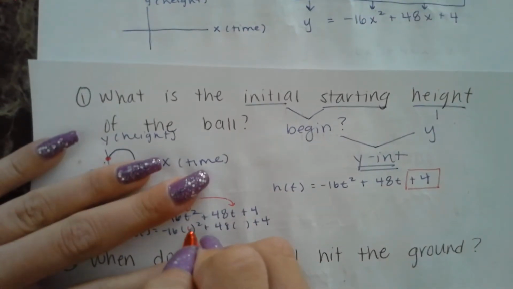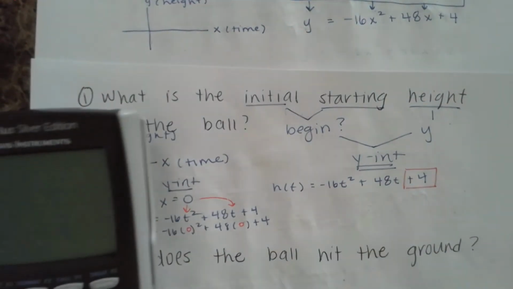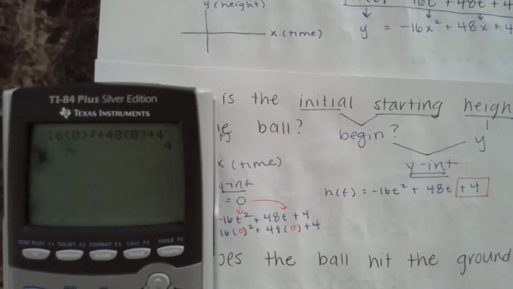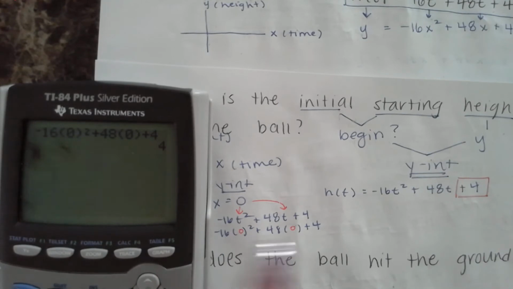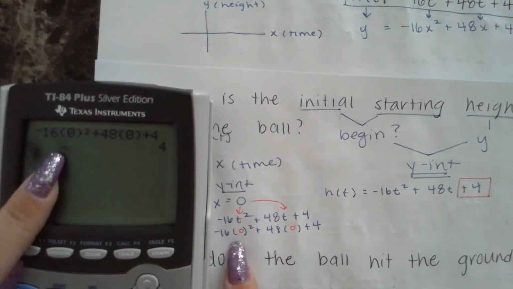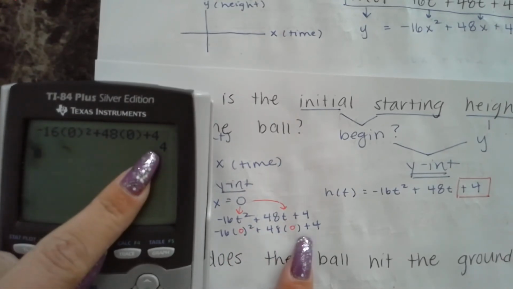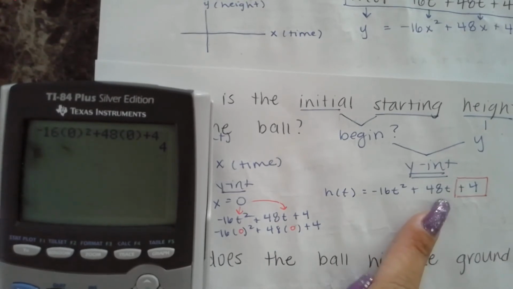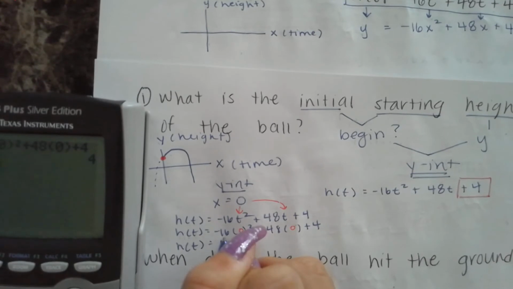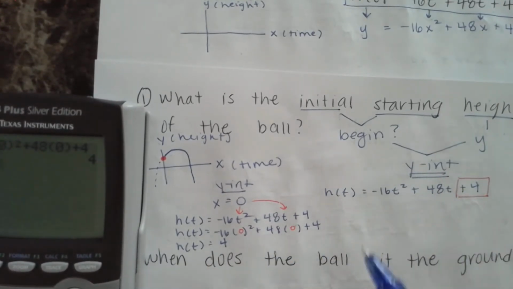And then we put it into our calculator, just to check, just in case we forget that our c value is 4. I already have it in my calculator. Negative 16 times 0 squared plus 48 times 0 plus 4 is 4, which matches that. So our h of t equals 4. Our y is 4. So right here, we're checking our work.